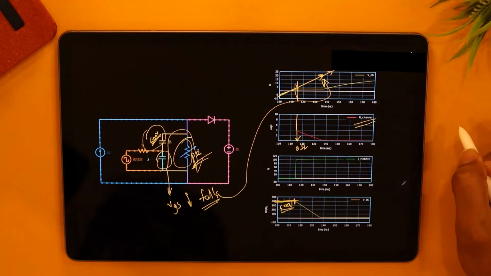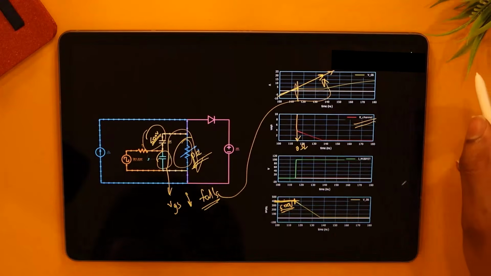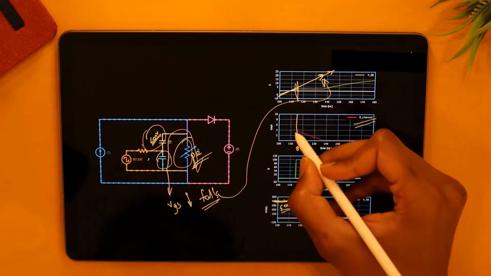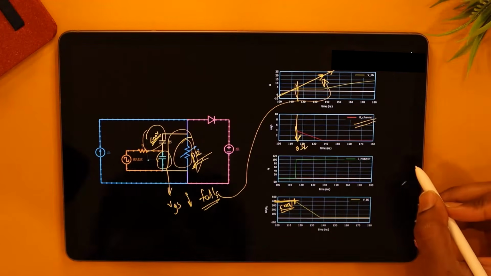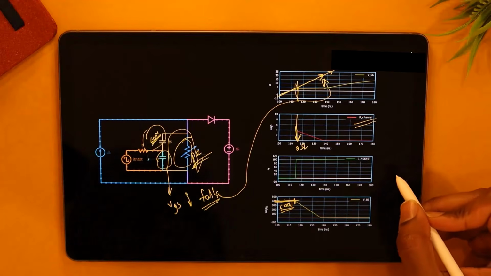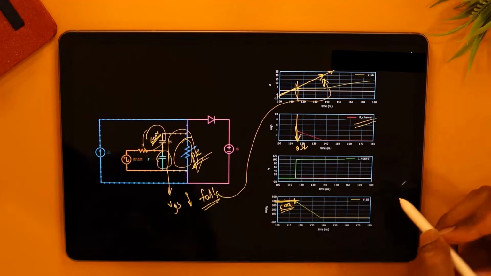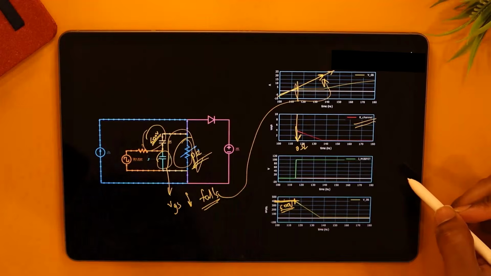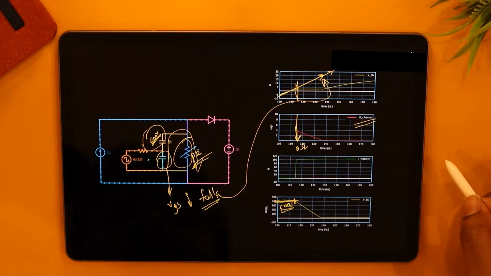So this contradicts our assumption where we said initially let the VGS rise. But if we allow the VGS to rise, the resistance will immediately fall to 0. And if it immediately falls to 0, there's a short circuit across the CGD and CGS, which are charged to 400 volts because the switch was off before. And now they are going to discharge into the channel.